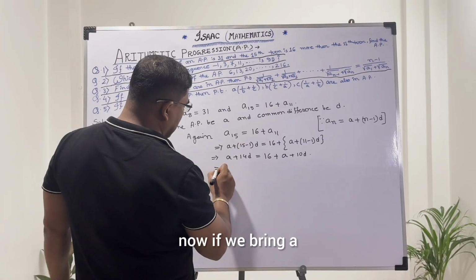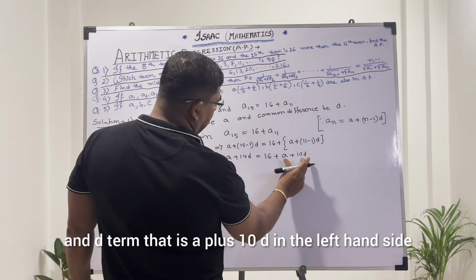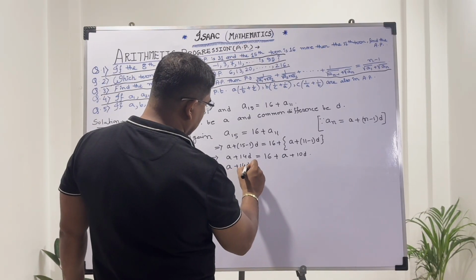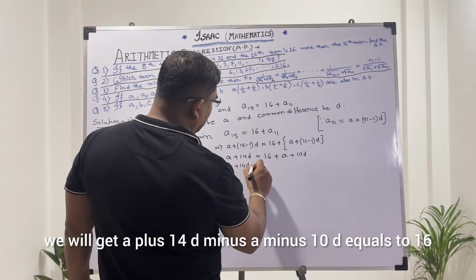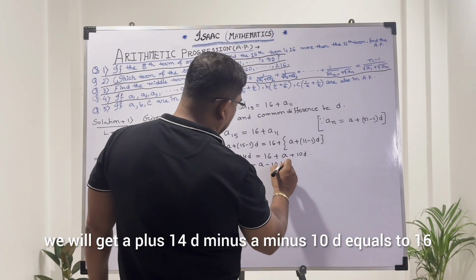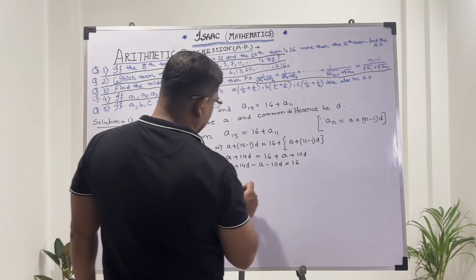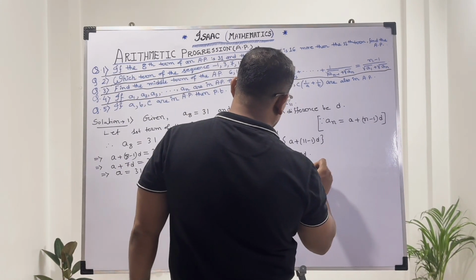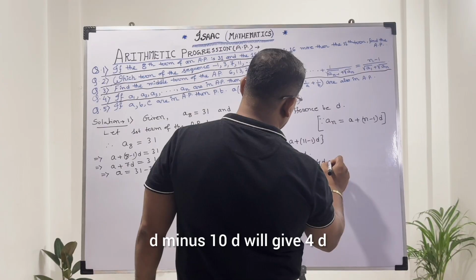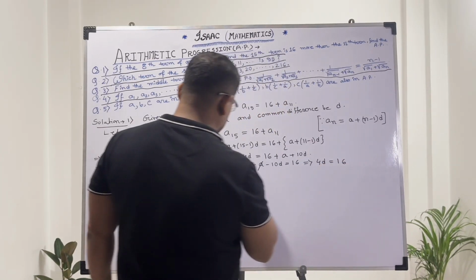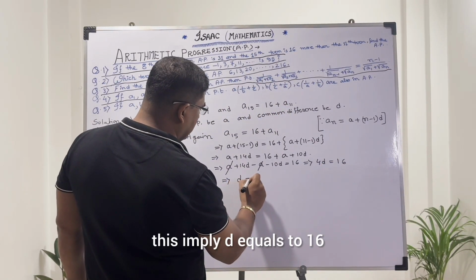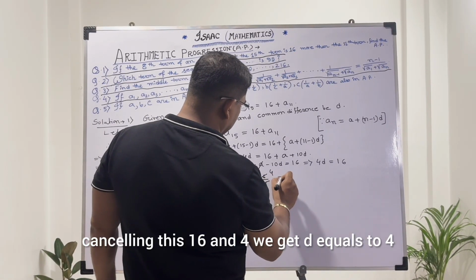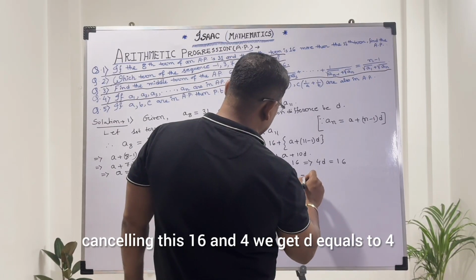Bringing the A and D terms to the left hand side, we get A plus 14D minus A minus 10D equals 16. We can cancel the A. Then 14D minus 10D gives 4D, which equals 16. This implies D equals 16 by 4, so D equals 4.